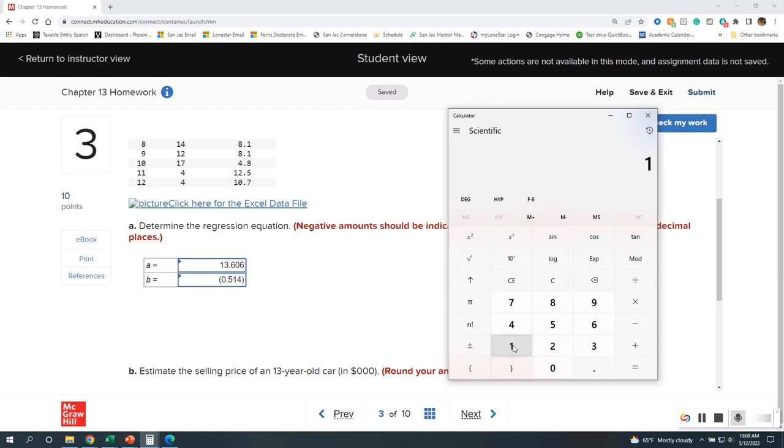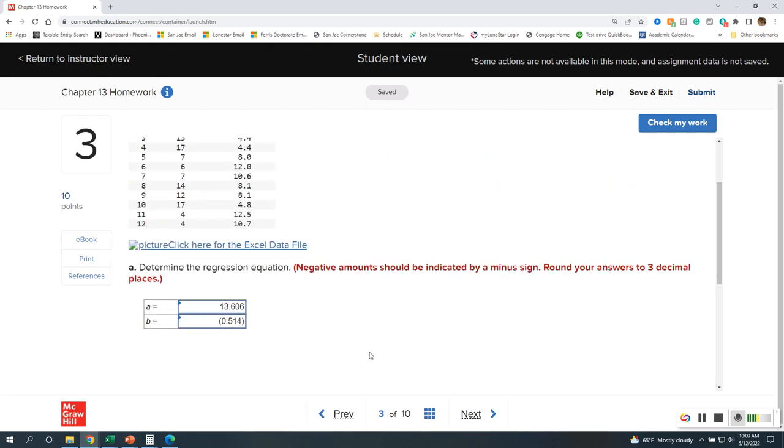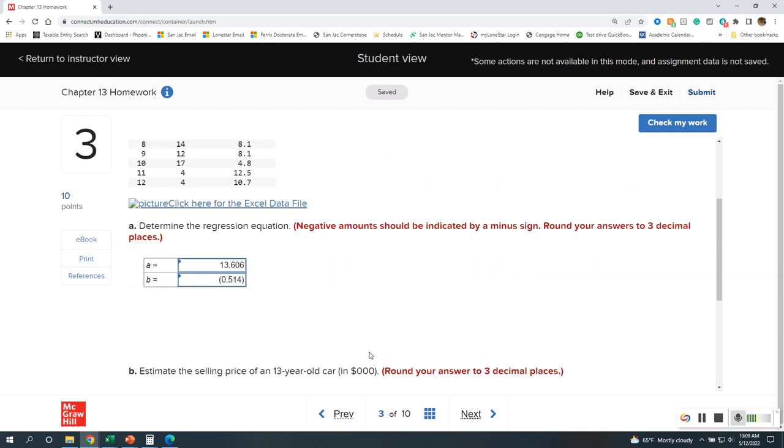So if I did 1 times negative... so the car should decrease by 514. That is the slope. So it is every time we add another year, it should be that times that slope.